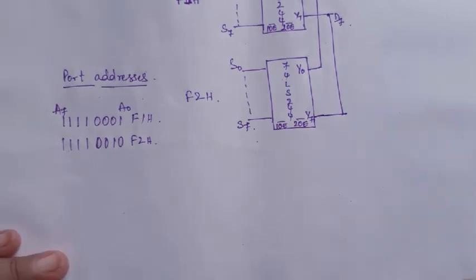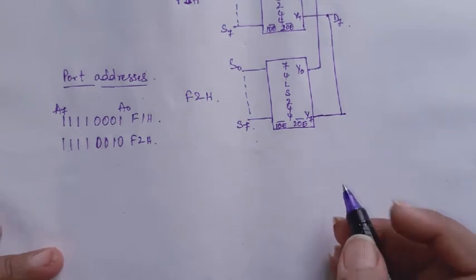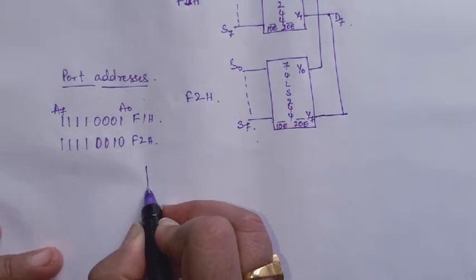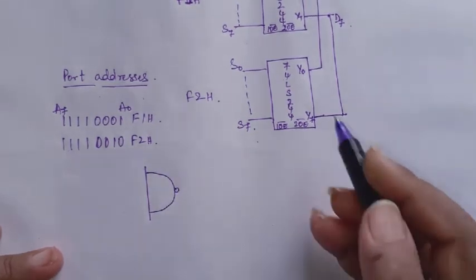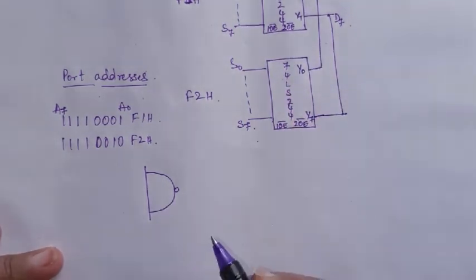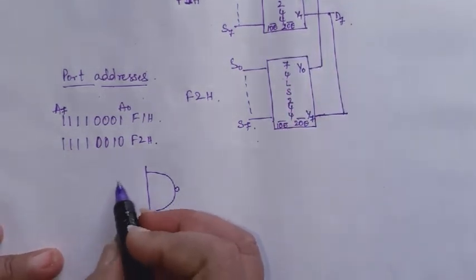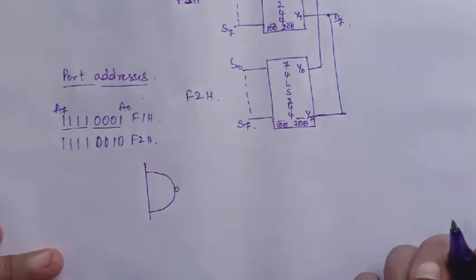We can use simple NAND decoders here to select these two, or we can go for the 74LS138 decoder. If you are using a NAND decoder, the output required here is active low. So the first address is F1.